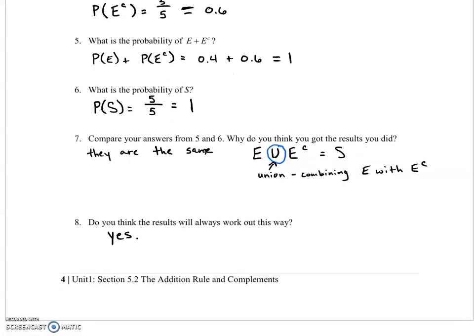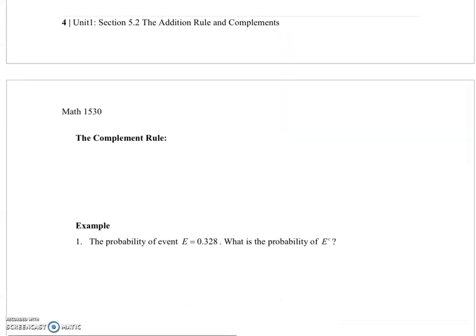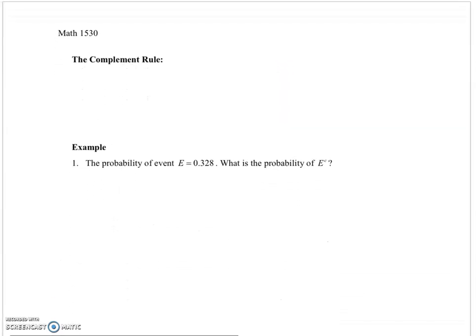And that's good because, scrolling down some more here, we can write the complement rule in 3 ways. One of them we already discovered on our own. The probability of an event plus the probability of its complement is 1. Now, by doing some algebraic rearranging, we can say that the probability of the complement equals 1 minus the probability of the event.